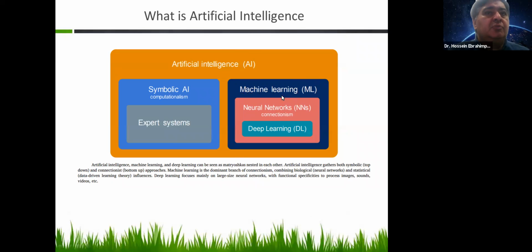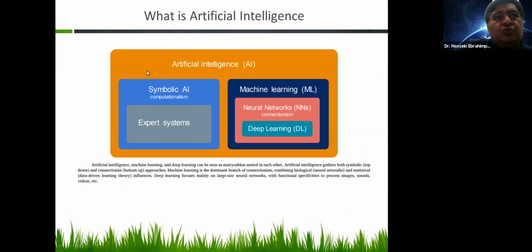So it is part of machine learning. But if it doesn't have a learning element, it is not part of machine learning. We have many artificial intelligence systems that are not learning systems.